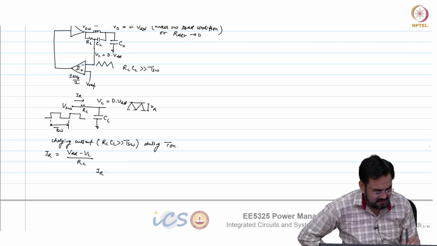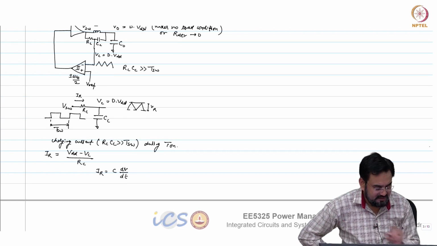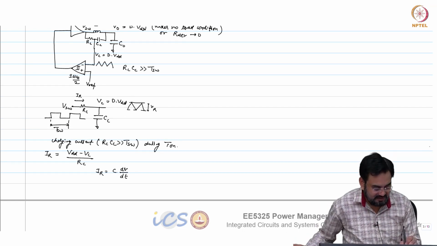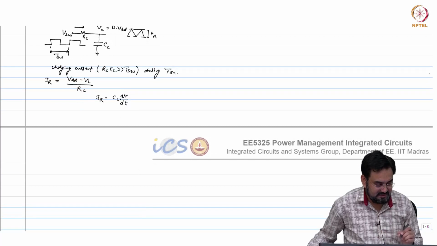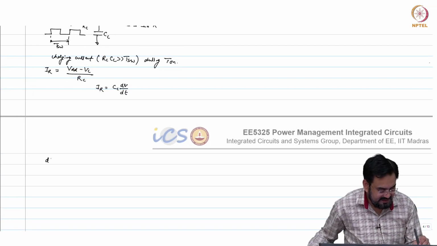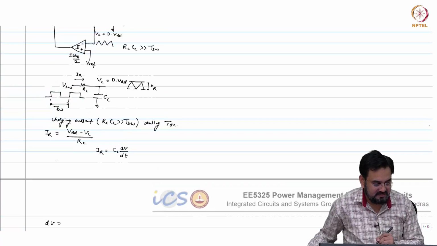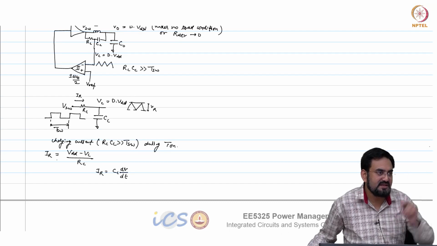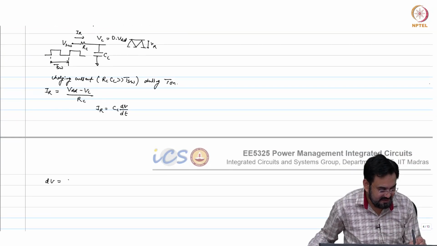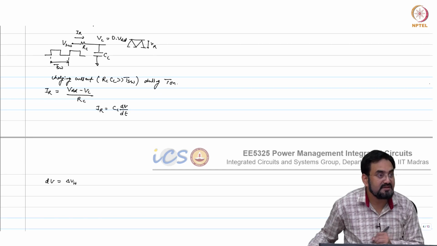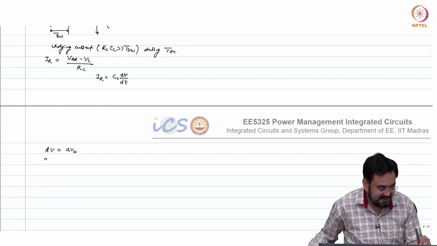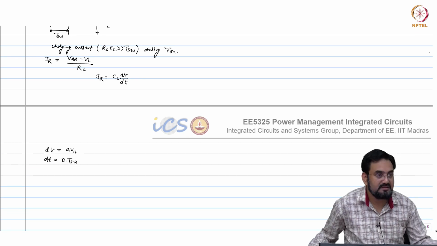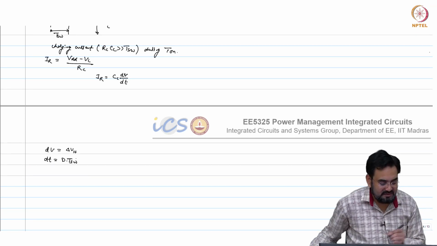So C dV by dt, correct, and this is nothing but Cc. So, what is dV here? We are limiting between the hysteretic window, so dV is nothing but delta Vh. What is dt? D times TSW, T on.